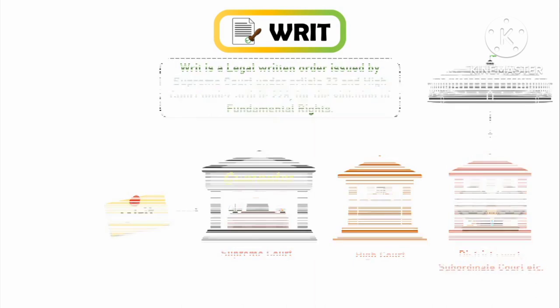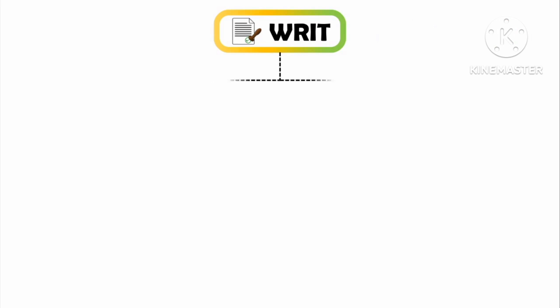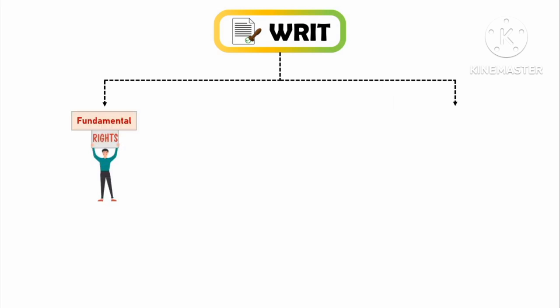Now the question is, who can file a writ petition? Basically, 2 types of persons can file a writ petition. Number 1, any person whose own fundamental right has been violated by the state. Such a person is called an aggrieved person.